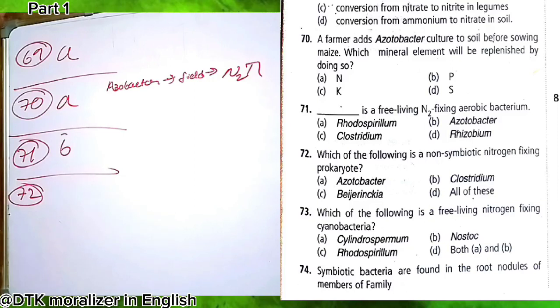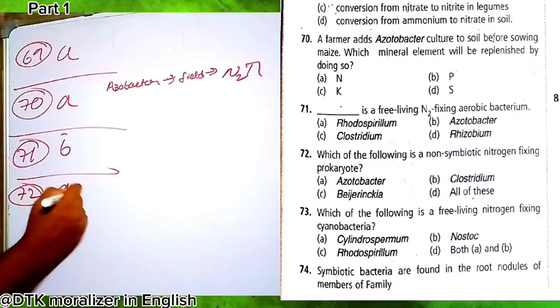Now question number 72. Which of the following is a non-symbiotic nitrogen fixing prokaryote? Azotobacter, Clostridium, Bacillus, all of these. So these three options are right for non-symbiotic function.